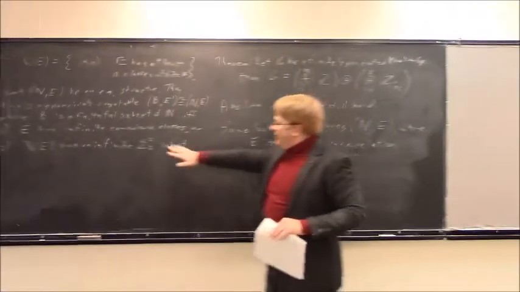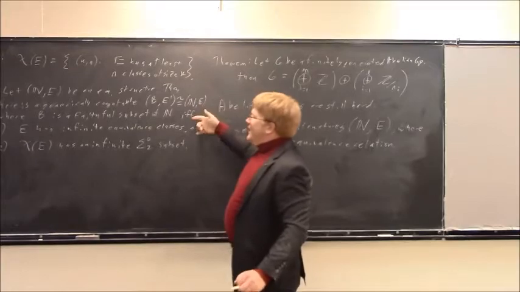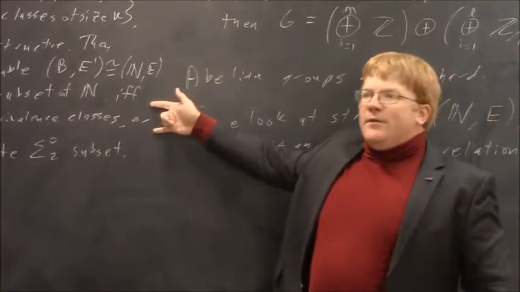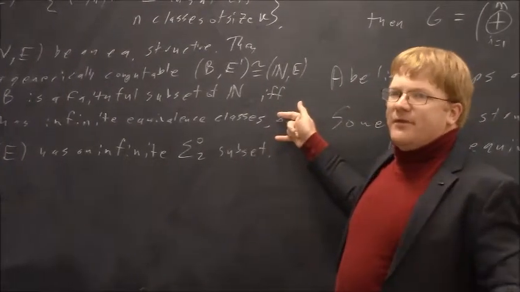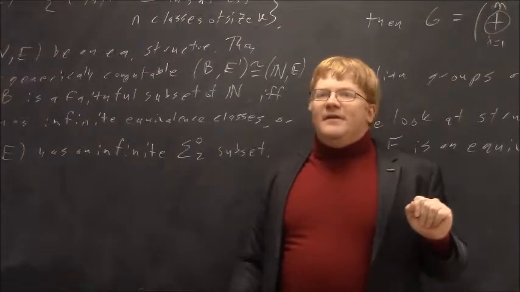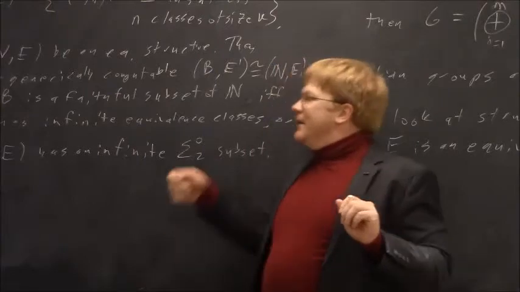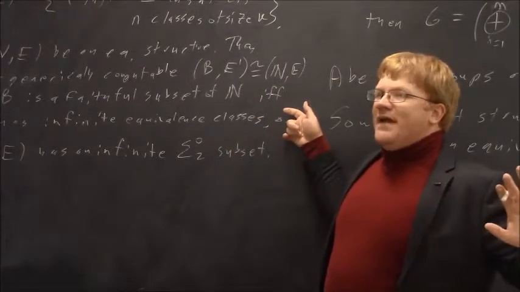Okay, I will tell you what sigma 2 means in a minute. One way you can get that is if E has infinite equivalence classes. In computability, infinite stuff, infinite equivalence classes, infinite order, whatever, is very comfortable because if you're running some computation and you make a mistake, the infinite classes give you some place to hide your mistake.